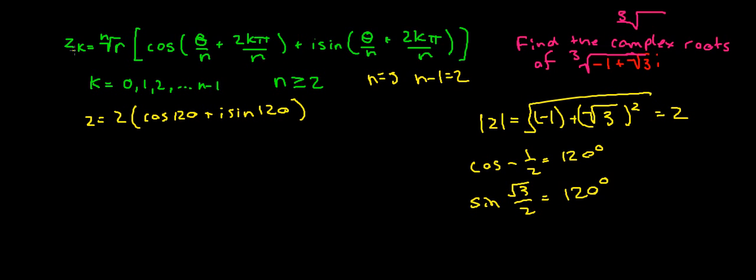Let me talk about one more thing. For a cube root, I'm going to have 3 different answers. So if I remember from my earlier algebra, if I have a square root, I could have up to 2 different roots. If I had a cube root, I could have up to 3.